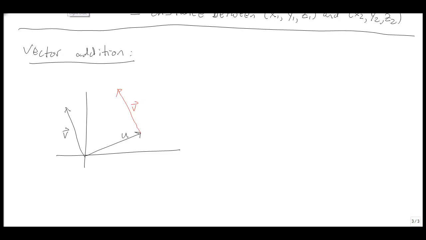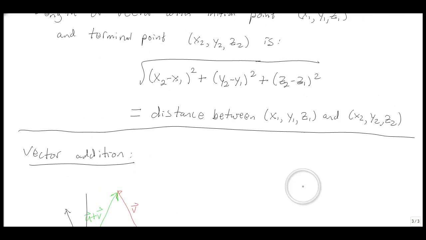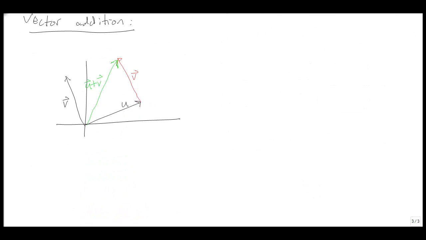And then what I get, let's do this in green here, is this vector, where I go out u and then I go out v. That's actually u plus v here. These look like they're perpendicular. That's just random based on the vectors I chose. So this would work for any vectors at all.